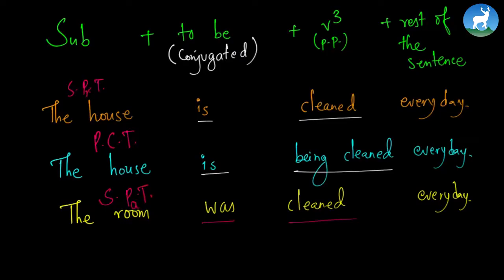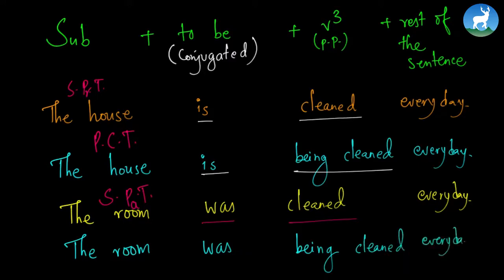More examples. The room was being cleaned every day. We have a be verb followed by a past participle. And which tense is this? This is past continuous tense.